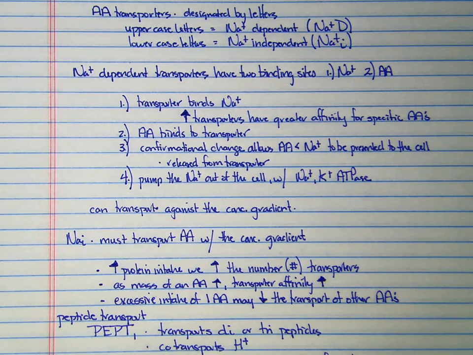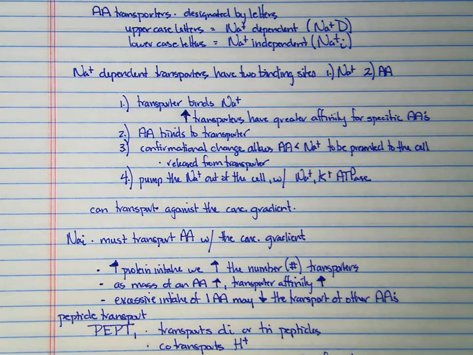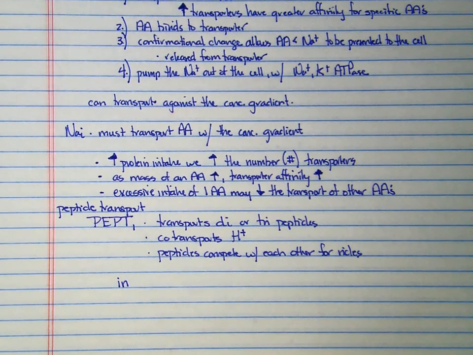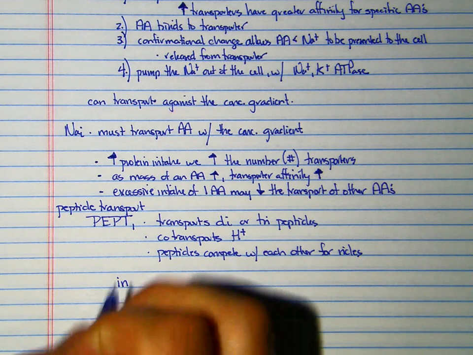Okay, and then what we're going to do is transport a di or tripeptide into our enterocyte, and then inside of the enterocyte, you cannot see that. I'm terrible at this, guys. I need people to yell at me.